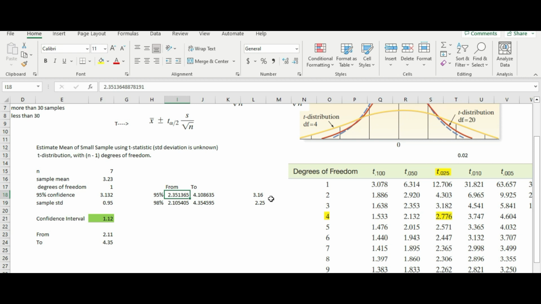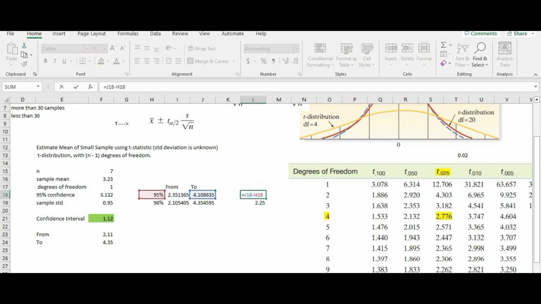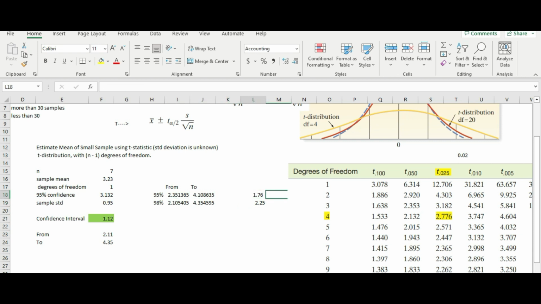The higher the confidence level, the wider the range is. For example, for 95% the range is narrower than for 98%.